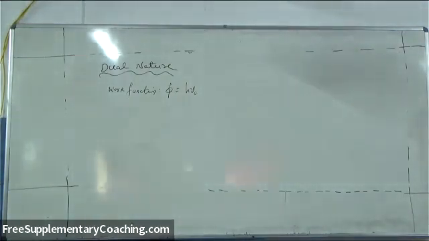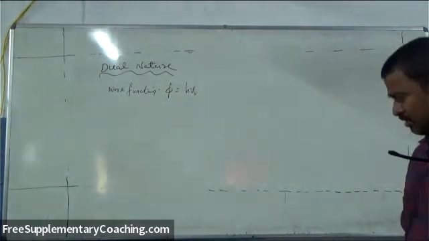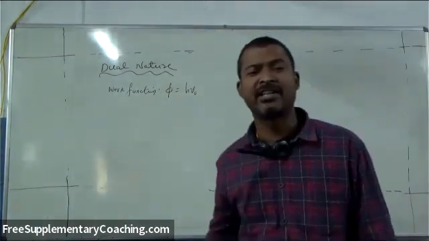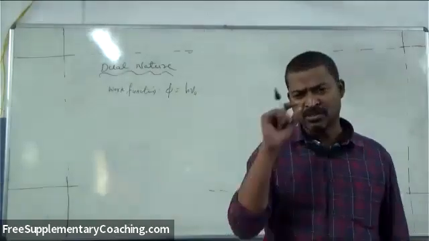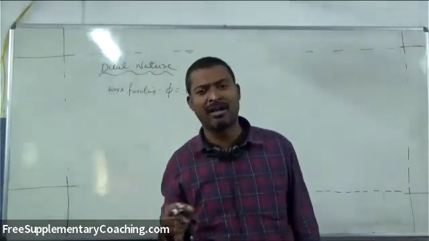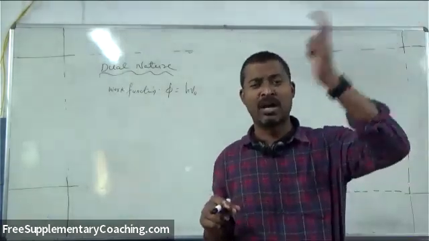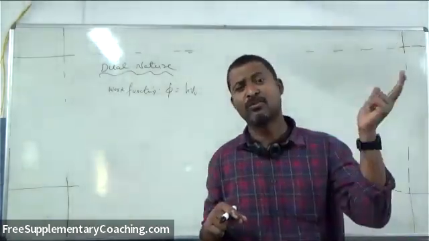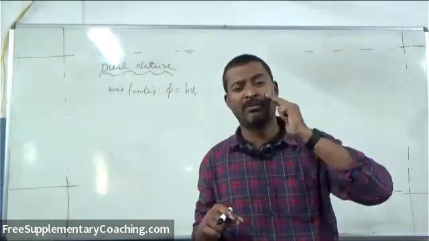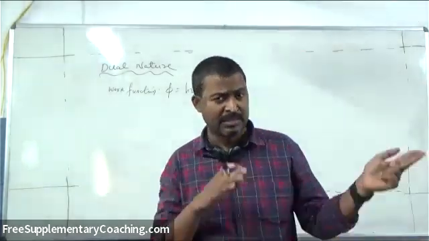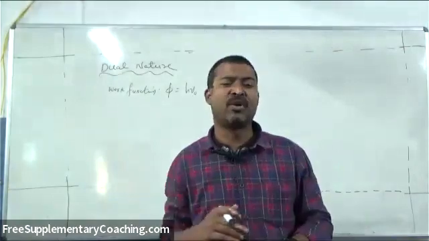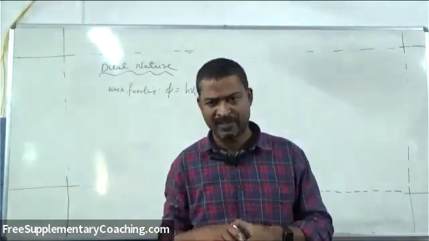Next, there is a definition of photoelectric effect. Directly, just now I told, what is the photoelectric effect definition? The process of emission of electron from a metal surface when a suitable photon of energy is falling on the metal surface, that electron emission process we call as photoelectric effect.